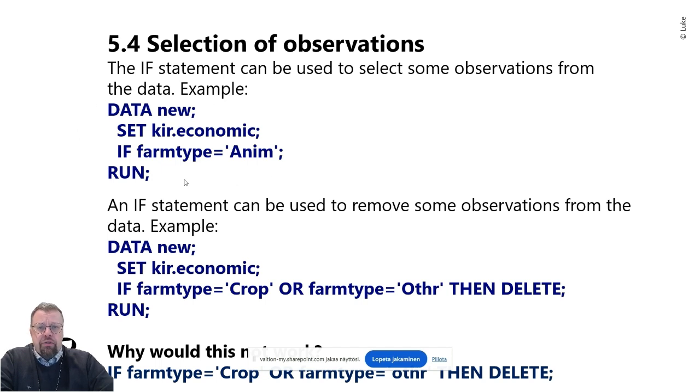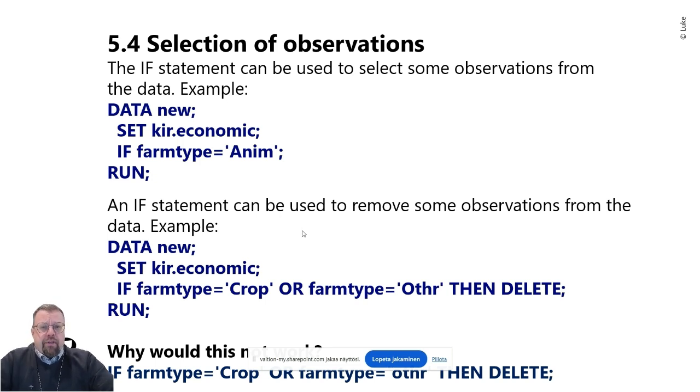What this one is doing is that it takes this data set in the set statement as input, a data set called economic, and it has the condition if farm type equals anim. So it picks only the rows that fulfill this condition, and only those rows will be written to the new output dataset called new.